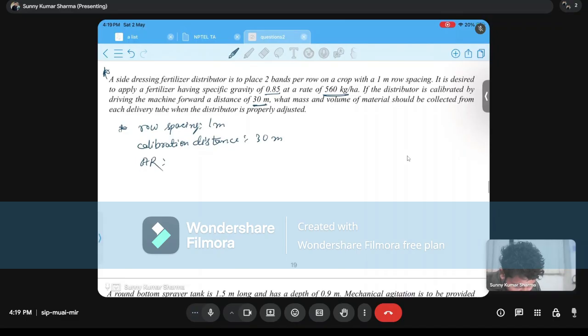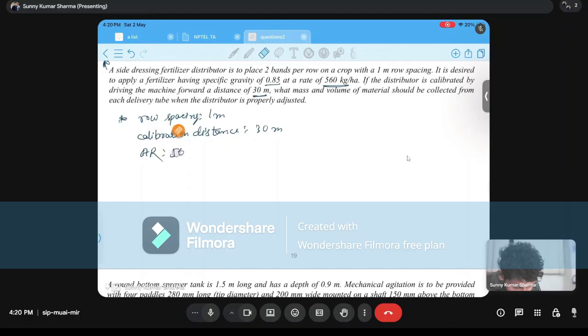Application rate I'm writing as AR, it is 560 kg per hectare.